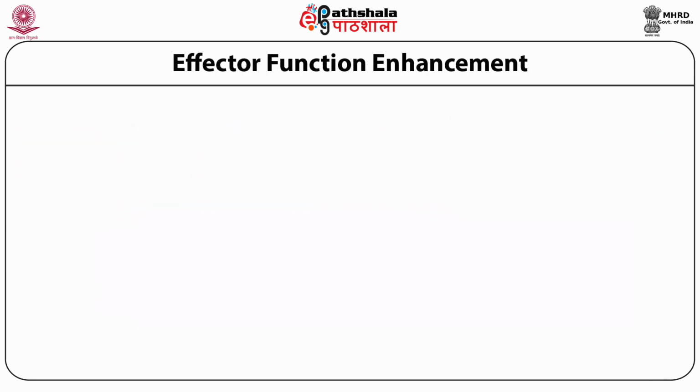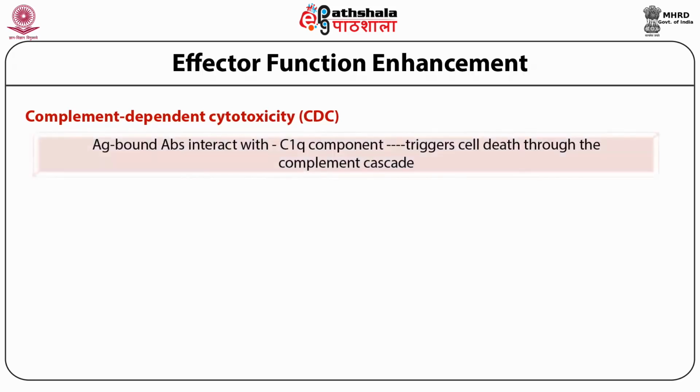In continuation of effector function enhancement, we are going to discuss here a second type of effector function, which is called complement dependent cytotoxicity. Now here, antigens bound by the antibody interact with the complement component C1q, and it leads to the activation of a cascade of the complement system, and this triggers cell death through the complement cascade.